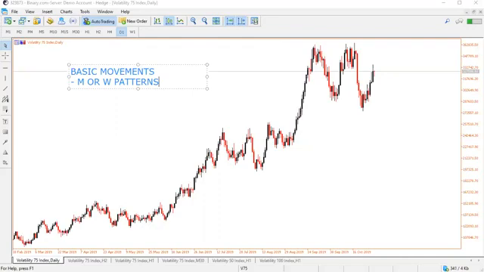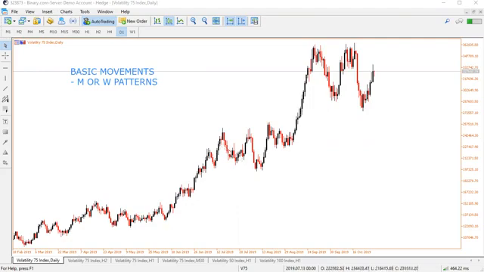Normally volatility index, so volatility 75 index, normally moves in an uptrend, as you can see here from my charts. It has been going up until this point in time right now here. I'm saying that it moves in an M shape or a W shape. As you can see here, we had a W shape, a W shape.